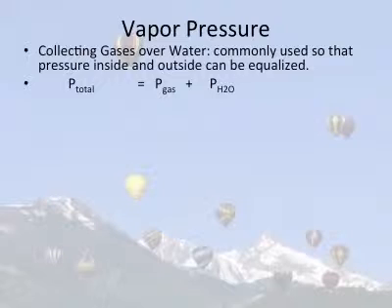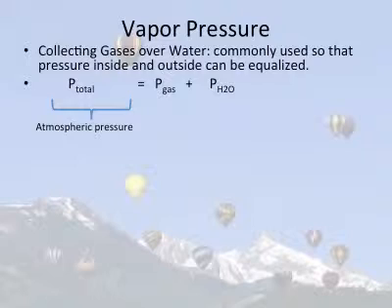So what we do is we get our total pressure, which is going to be atmospheric pressure, which we can use an instrument to determine. And it is going to be equal to the gas that you're producing plus the pressure of water. Because as we do that experiment, as the gas is filtering through the water, it's going to excite some of the water atoms, and it's going to knock them into their vapor phase.